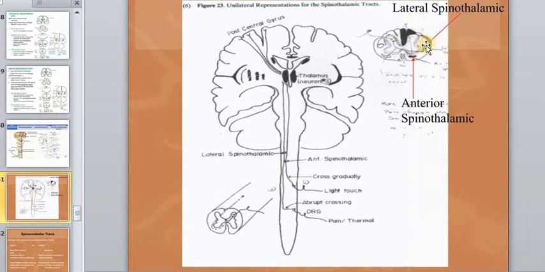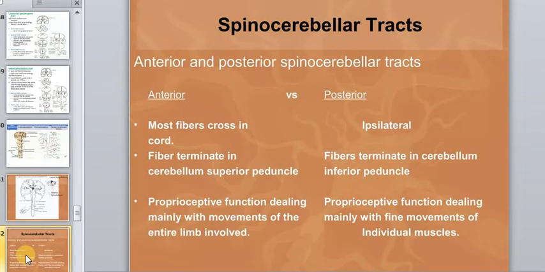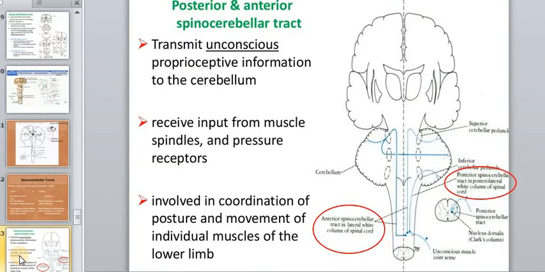Here we can see the position of the lateral spinothalamic and anterior spinothalamic tracts, and the change of position from the right side to the left part of the cortex. So next one, spinocerebellar tracts, anterior and posterior, two tracts, and one changes the position from the side. And here we see they transmit unconscious proprioceptive information to the cerebellum.